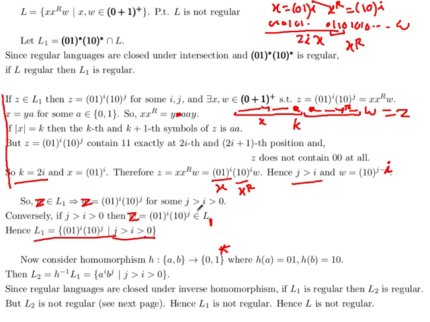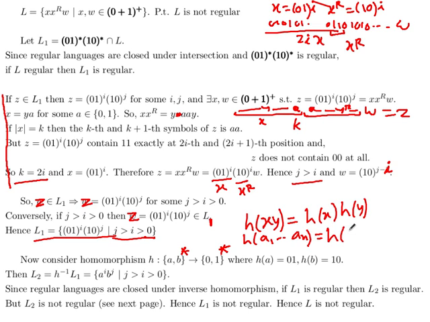This is completely specified by the images of the symbols, because in a homomorphism we have the property that h of xy is equal to h of x and h of y. So if you have n symbols, it is just h of 1 up to h of n.